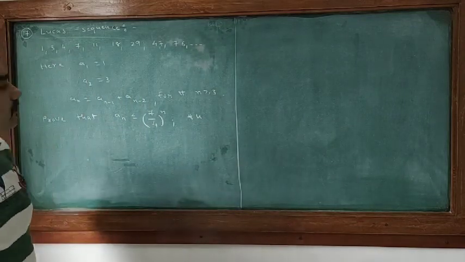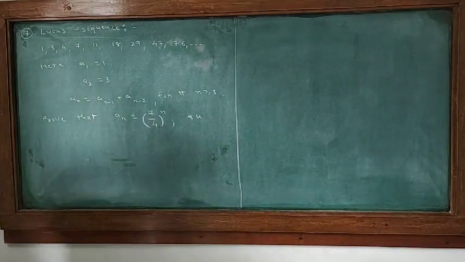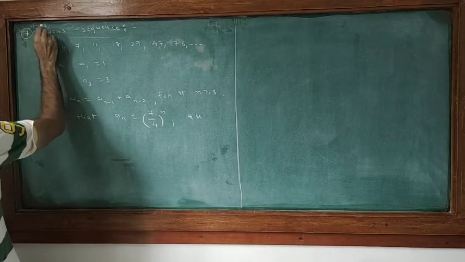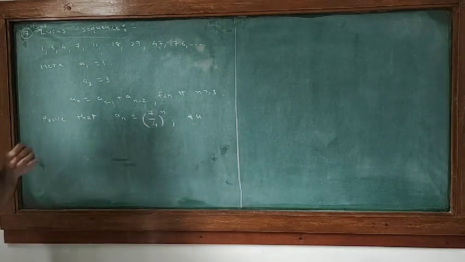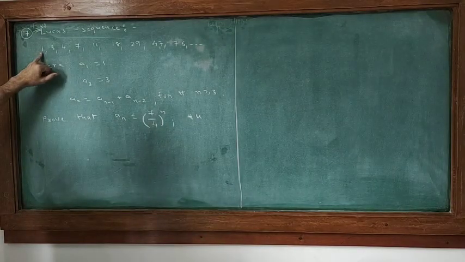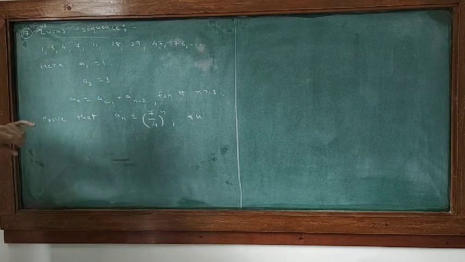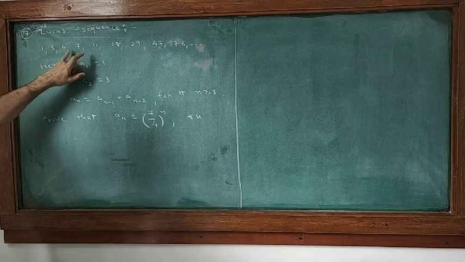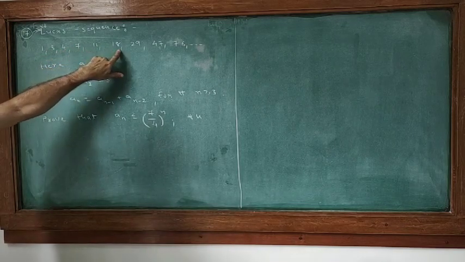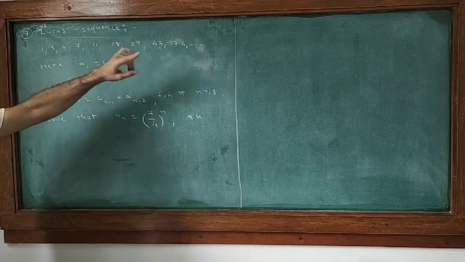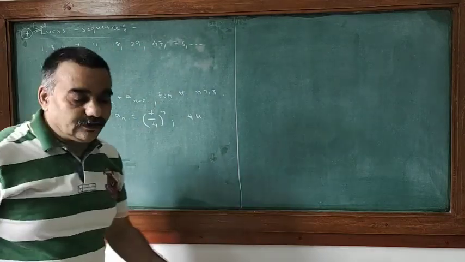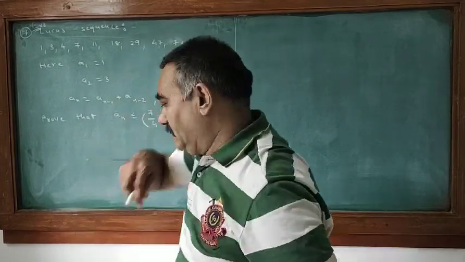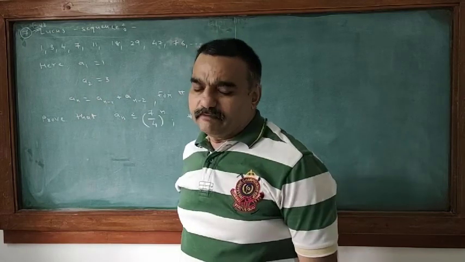Dear students, we start with one more sum. Actually this is a sum of a very special sequence, the Lucas sequence, in which we take 1 and 3 as initial terms, and then each term is the sum of both preceding terms. All terms after the second are the sum of the previous two terms, whatever you say.